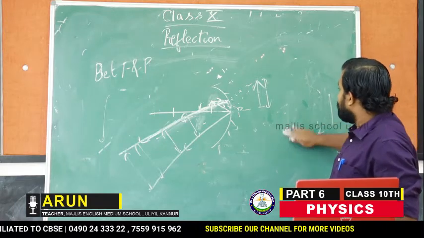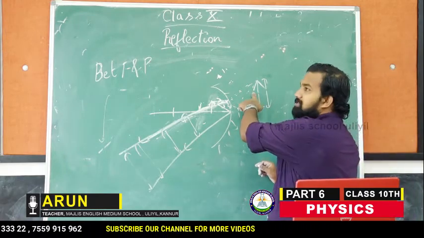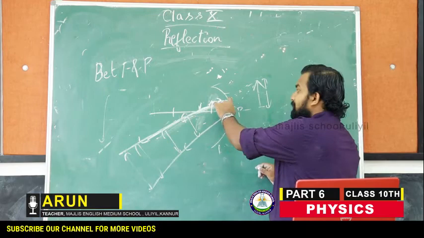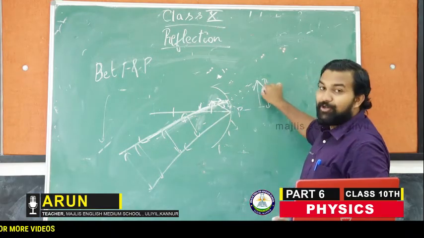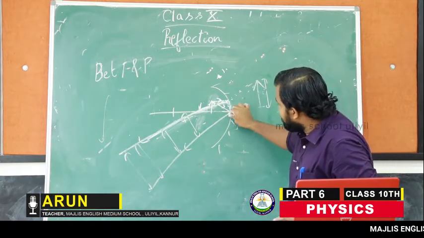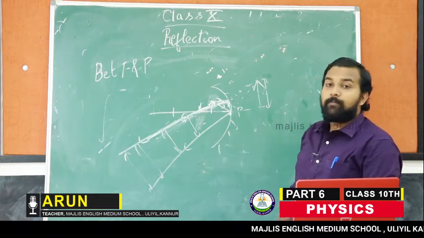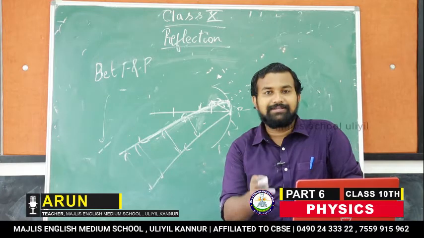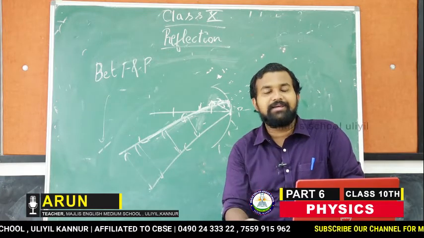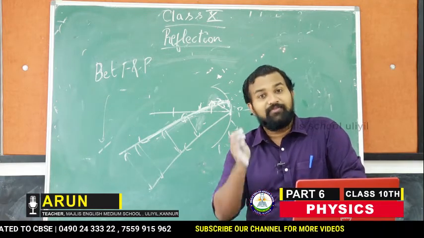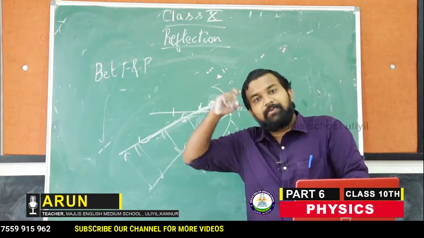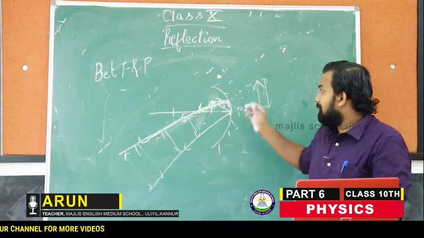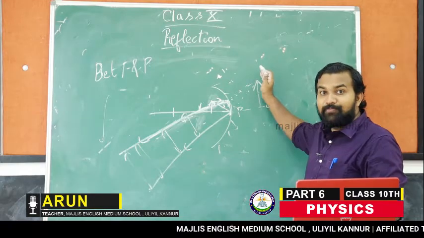So here now you may understand how virtual images form. They are not really meeting, but we imagine that the reflected rays are meeting somewhere behind the mirror, and that the image is coming from that position.